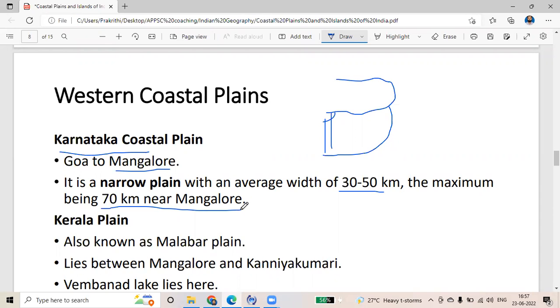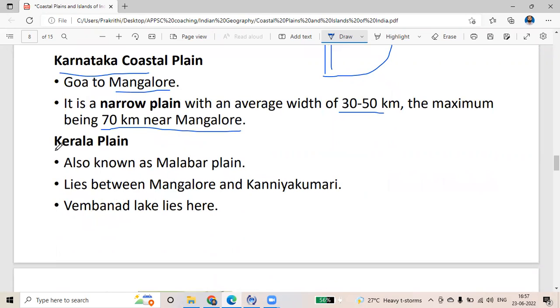And finally, the southernmost coastal plain, that is the Kerala plain or the Malabar plain. It extends from the Malabar region of Kerala, south of Mangalore, to Kanyakumari, where the eastern plains end. From there we have the Kerala plain.